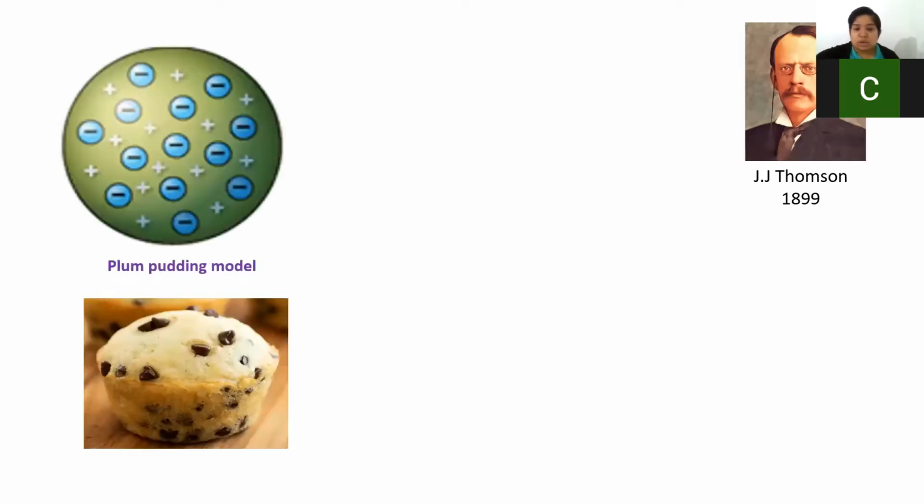Okay, so with all these findings by J.J. Thompson, he proposed a model for the atom. This model is called the Plum pudding model. Now, in Dalton's postulates, I forgot to mention, Dalton's model of the atom is called the golf ball model.